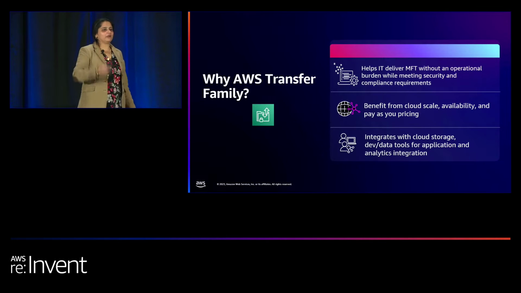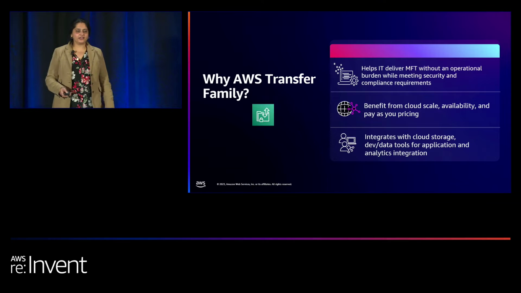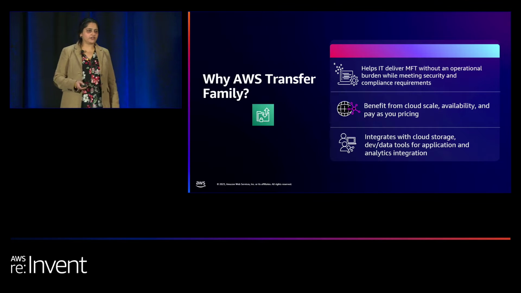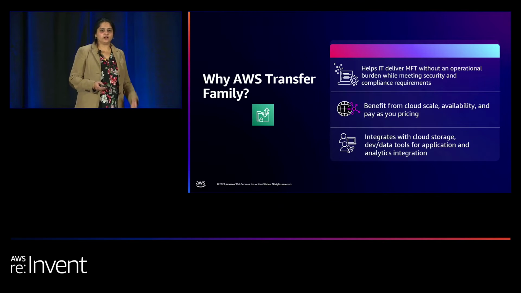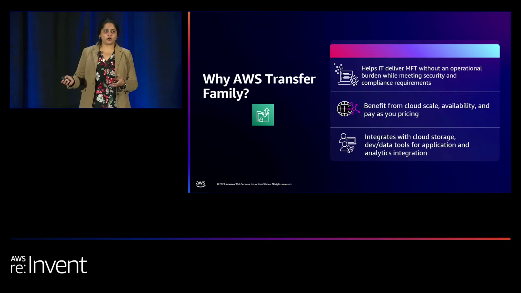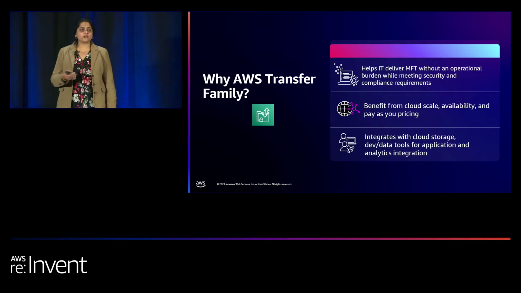And that's exactly why we launched the service. Like 5 years ago at re:Invent, we launched AWS Transfer Family. The idea was we started with support for SFTP and have expanded into multiple protocols, storage services, and features that we'll talk more about in this session. See, the goal here is we want to help IT teams deliver MFT without incurring that operational overhead, right, and meet compliance.